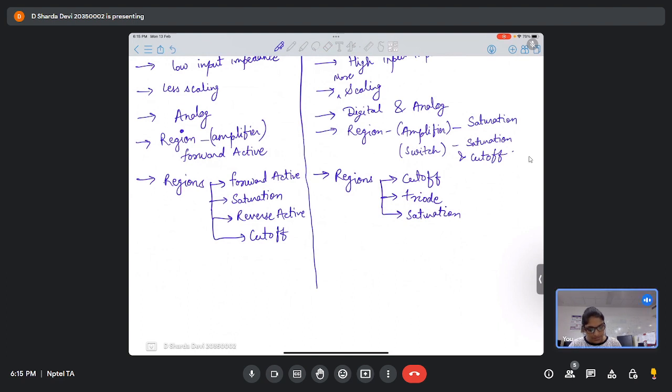Okay. And yeah, so circuit symbols are also different. So this is how we represent a BJT, right?